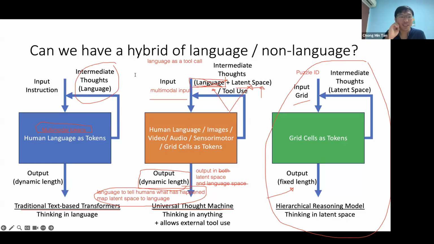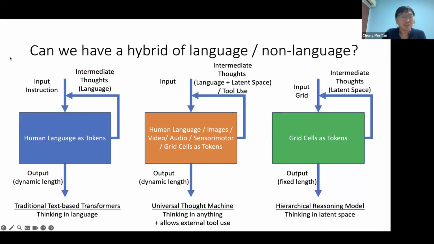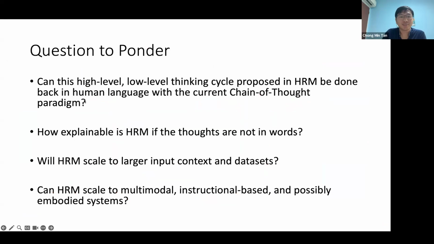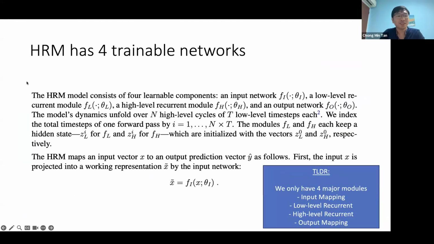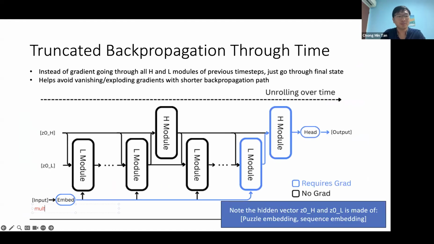So basically, we take a look at the HRM architecture. Let me just go back to the diagram. So putting in what we have discussed, in this HRM architecture, you have a multimodal input here. We can support image, video, audio, and it can also support memory retrieval because your memory can be in tokens. Your memory doesn't need to be in language. It can be in tokens.